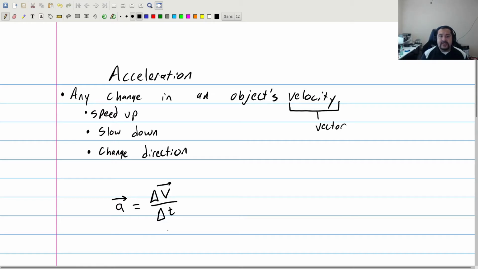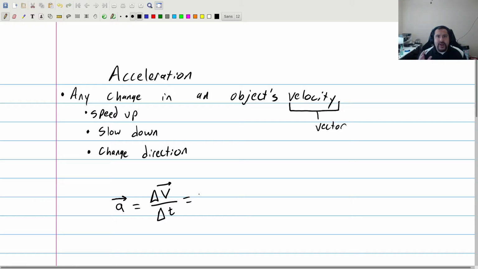If you know some calculus, that's going to turn into a derivative if you let delta t approach 0. But for now, we're going to stick to the algebra. So what does this mean? Any change in velocity. Well, how much is a change? How do you calculate what a change is? Well, you start off with your original speed, and you end up with a final speed.